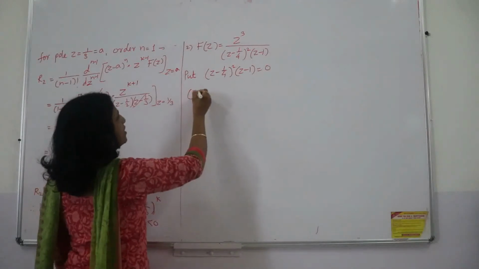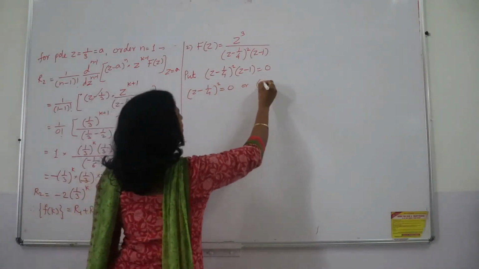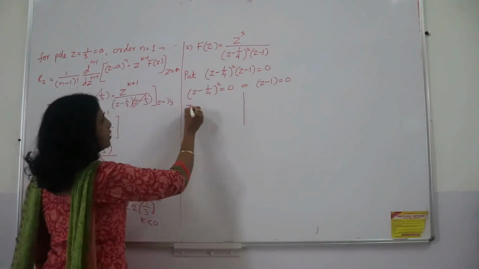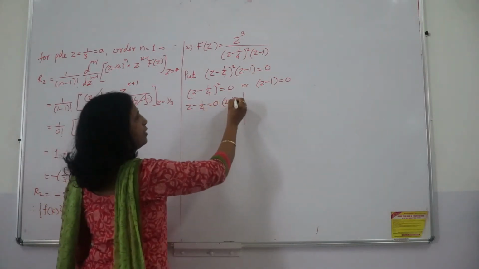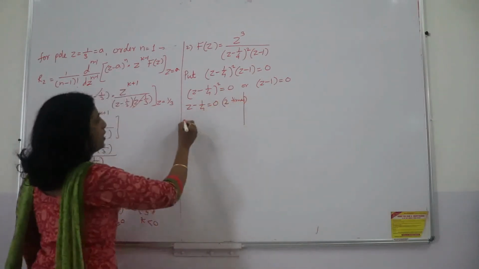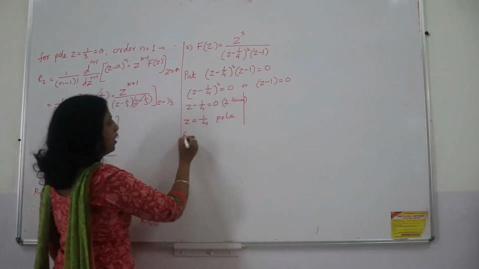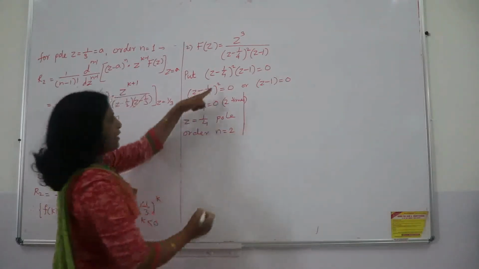This will give me (z minus 1 upon 4) square is equal to 0, or z minus 1 is equal to 0. So see, if you separate this, z minus 1 upon 4 is equal to 0, this is appearing 2 times. This is the important thing. So z is equal to 1 upon 4. This is nothing but our pole. And what is the order for this? N is equal to 2, as the bracket has power 2.